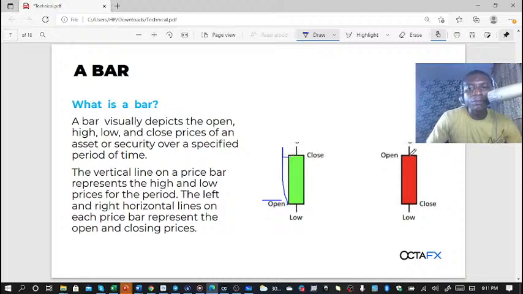For the bearish candle, it opens above, comes down, goes up here, and closes at this level. So you can see this is the candlestick chart.